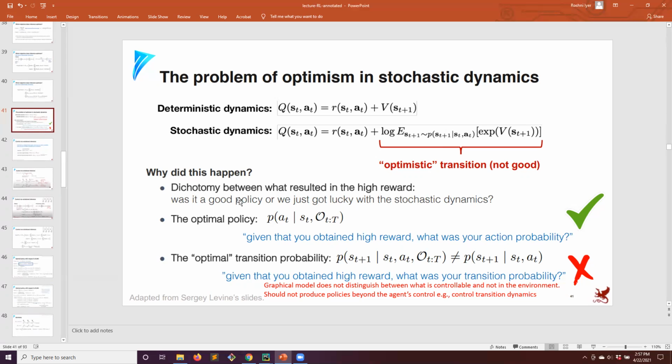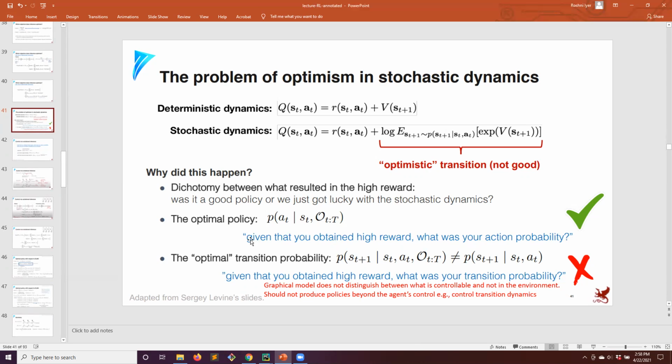So there's one possibility if an agent gets this high reward at the end. First, it could have learned a very good policy, or second, it could have just gotten arbitrarily lucky, that it happened to explore some states that happened to be very good. So now we define this as the expression for the optimal policy.